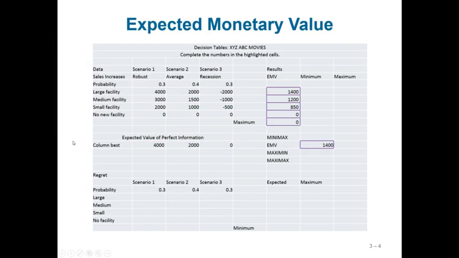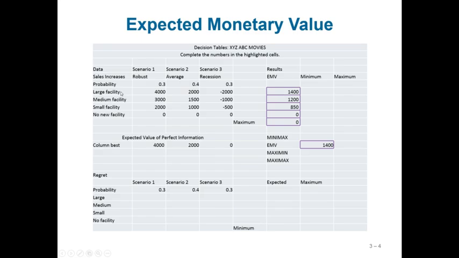In expected monetary value, you're going to be taking the probability times the outcome that's expected, and you're going to do that across the alternative that you're looking at. So 30% times 4,000 plus 40% times 2,000 plus 30% times a negative 2,000, and you're going to sum that up. Remember, it's the sum of the probability times the outcome for each one of those, and that gives you expected monetary value.